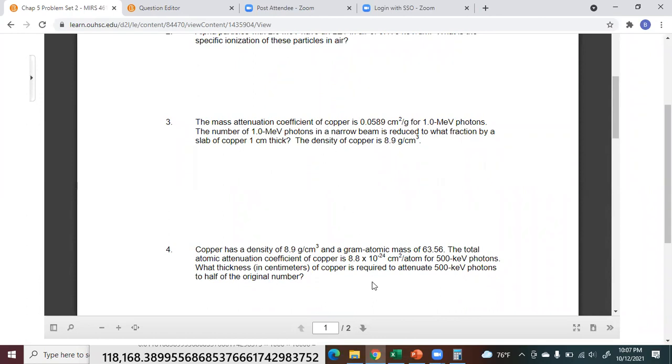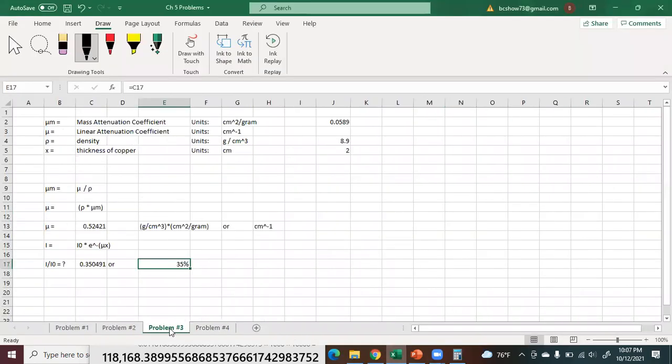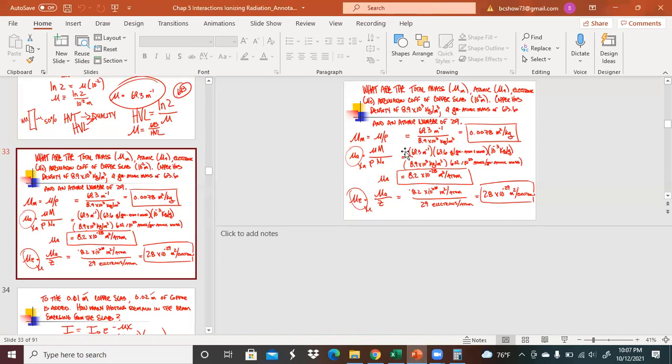Now, mass attenuation coefficient, that's going to be a different ball of wax here. You might be able to take this particular slide out of the presentation that was given to you, and you can start to see how some of this information fits in with what we're talking about.